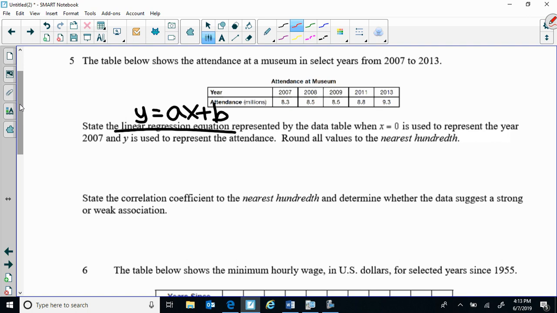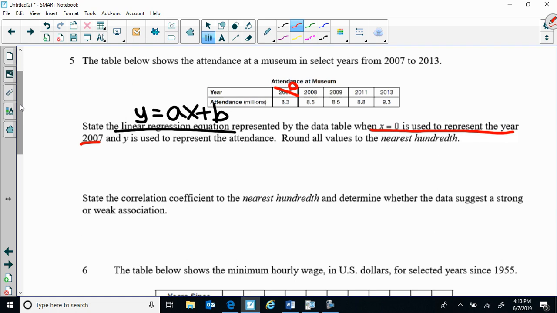Now, something I want to draw your attention to in this specific problem, it doesn't happen every time, but in this specific problem, it says x equals 0 is used to represent 2007. So when we put this in our calculator, instead of 2007, we're going to put a 0.